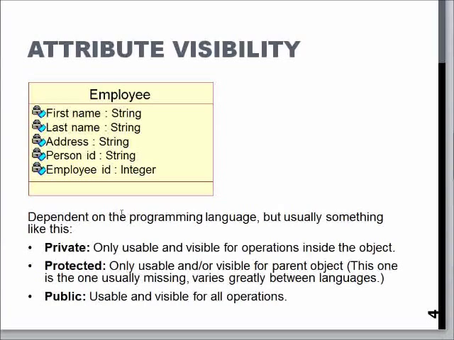Private means that it's only and strictly for the internal use within that object. So if your attribute is private, it means that it's only visible and usable in operations which happen inside this particular object.